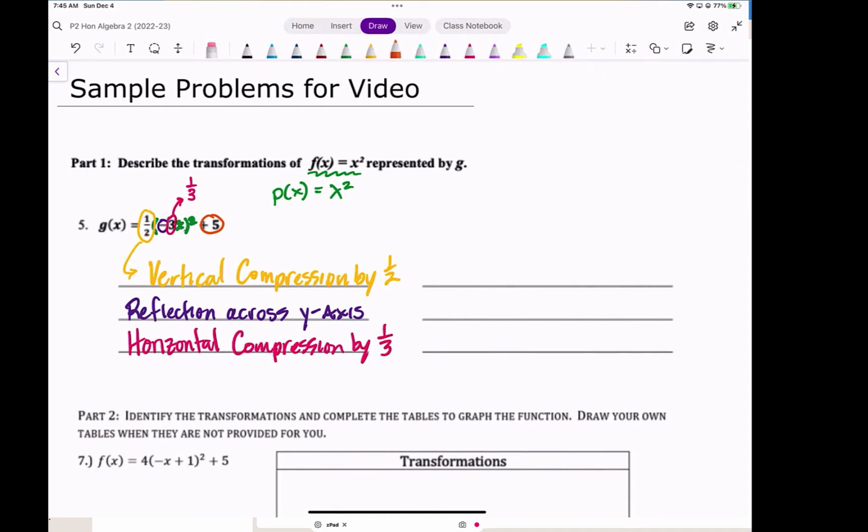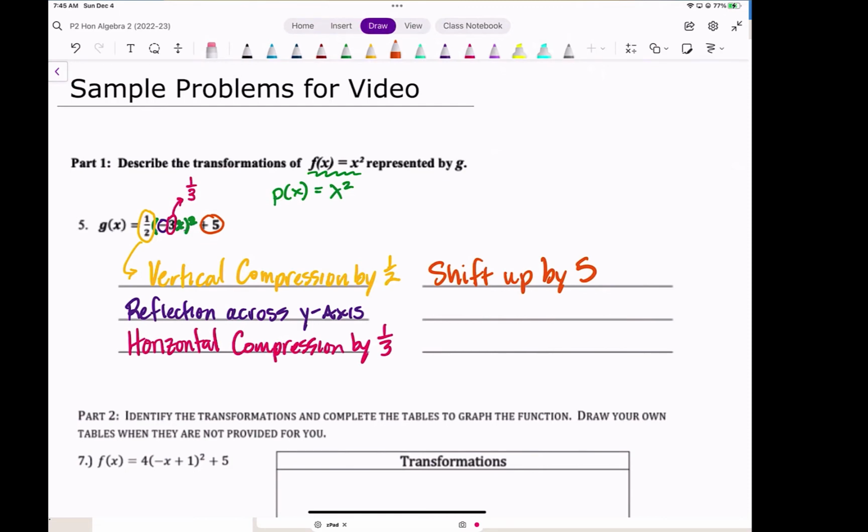And the only other number I have is this +5 at the end. Remember, when we add or subtract, that's a shift. Since the +5 is outside of the parentheses or outside of the function, it's going to be a vertical shift. So we can say that this shifts up by 5. Plus is the positive direction, and since it's outside, I'm taking it exactly as it is.